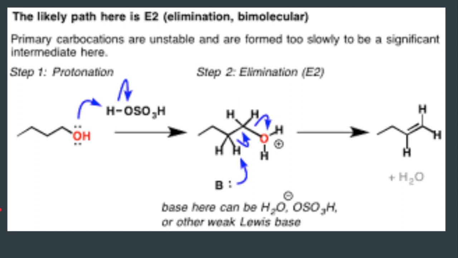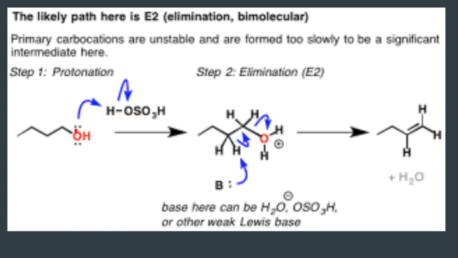So just like with the E1 mechanism, I wanted to give you a picture and an example for the E2 mechanism. Here we start out with a primary alcohol on an alkane. We're going to use an acid.